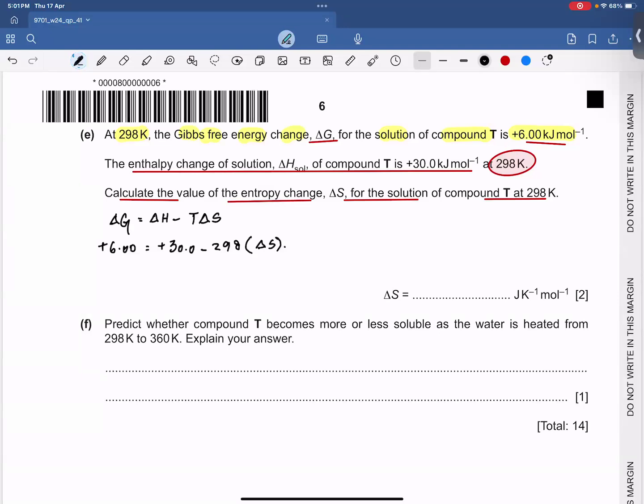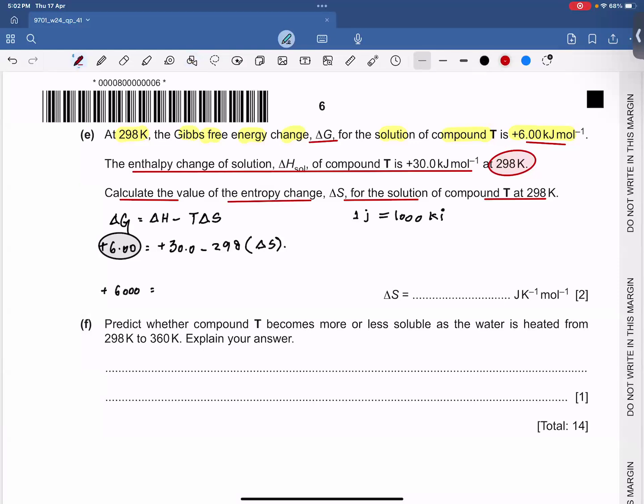Obviously the unit of delta S is joule, whereas this is kilojoule. So I'll convert them into joules. 1 kilojoule equals 1000 joules, right? So let me convert this value into joules, which is going to be plus 6000.